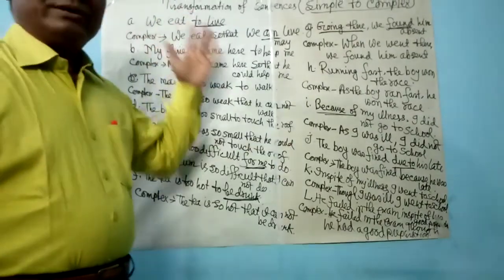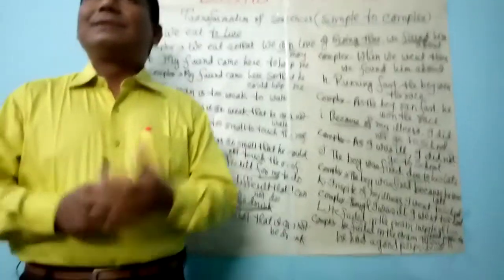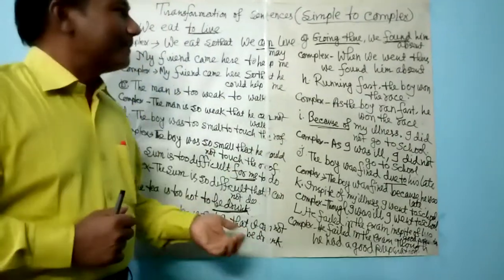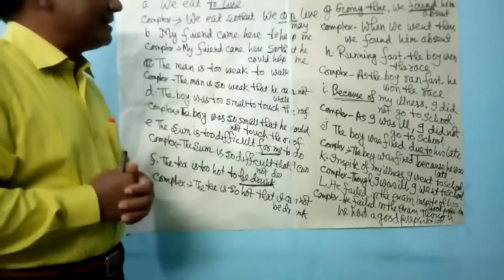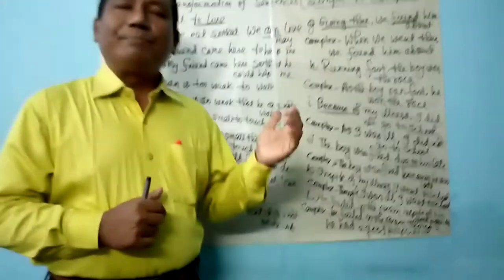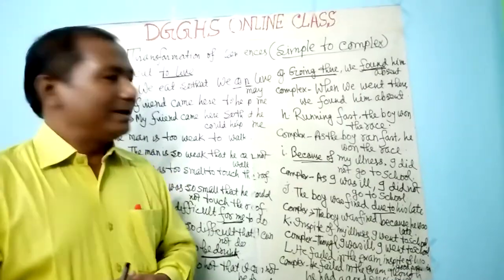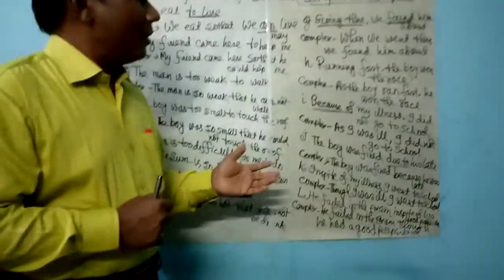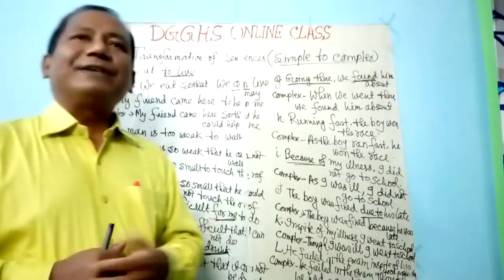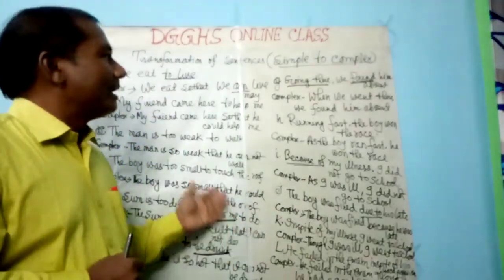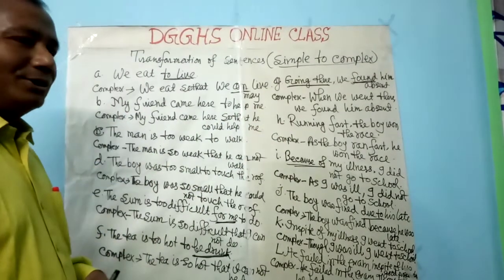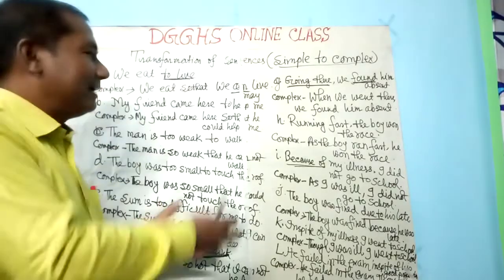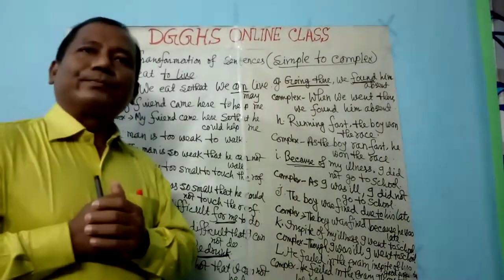Here we have found today simple sentence with infinitive, simple sentence with to, simple sentence with present participle, simple sentence with because of or on account of or due to or owing to, simple sentence with in spite of or despite, and we have tried our best to make them clear to you.